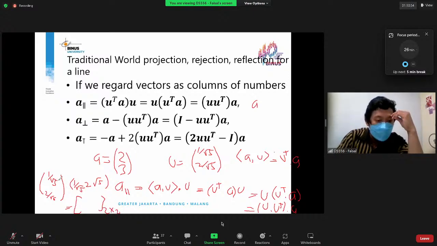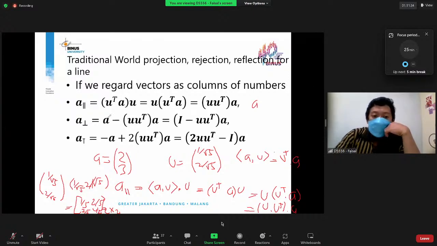This is 1 fifth times the matrix with rows 1, 2 and 2, 4.